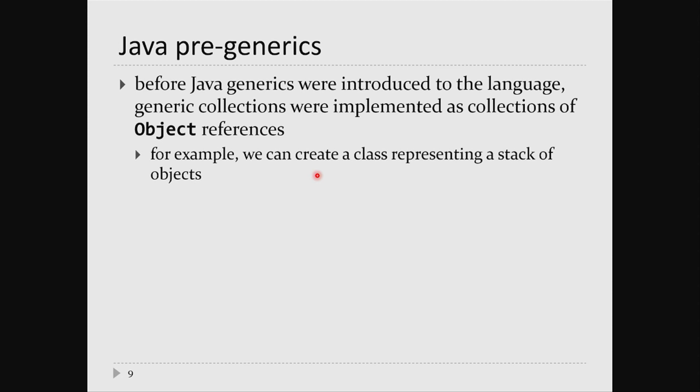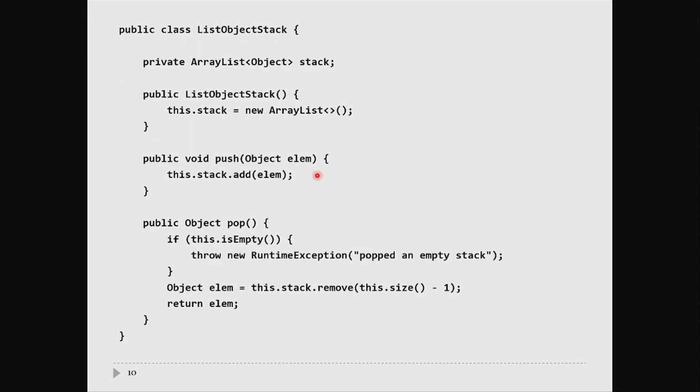Let's see what happens when we make a stack of object. This time I'm not going to use the array representation. I'm going to use the list representation of the stack, just because it's easier to fit onto a slide. But I can make a stack of object by changing that list so that it holds objects instead of ints or strings.